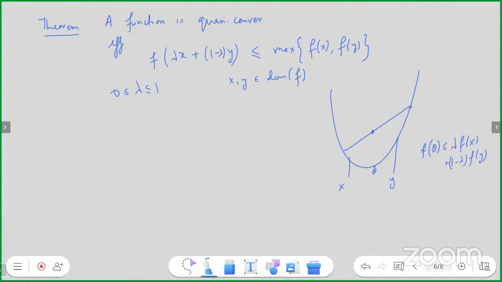So this was f of y, and this was f of x. Now what am I demanding? Now we are just drawing a line parallel to the x-axis through the larger of the two. The function should just lie below this. I don't care what is going on in between. So it's losing all its nice shape properties in some sense.